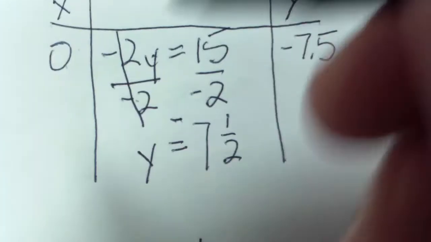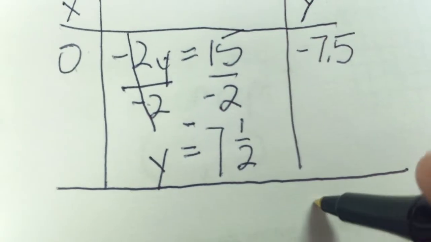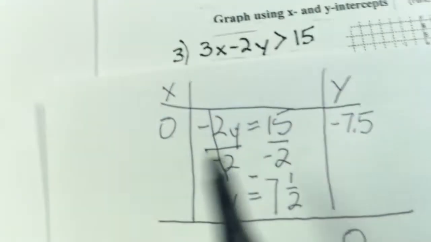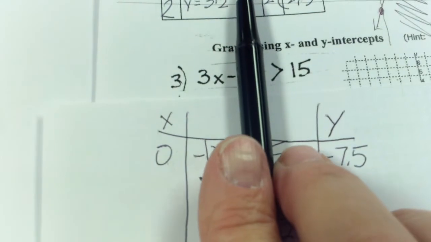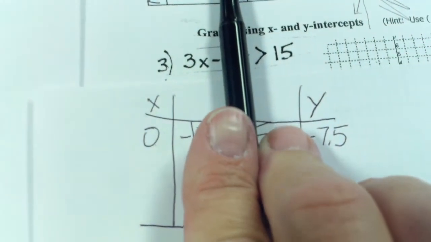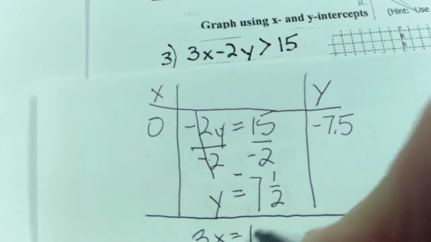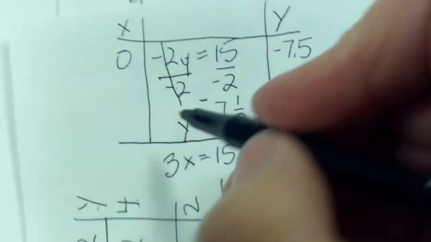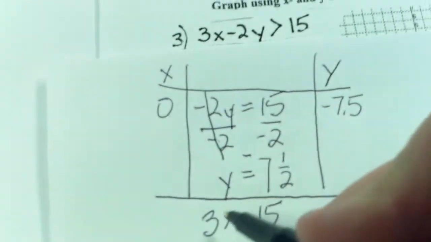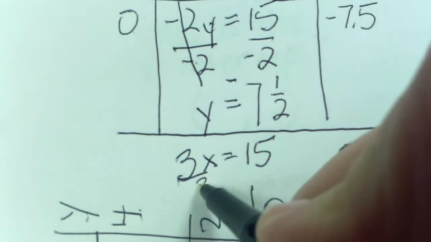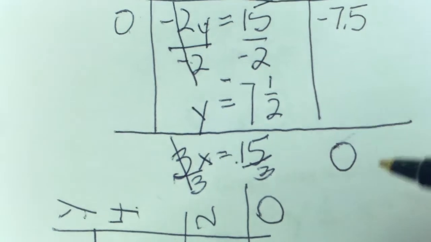Okay. Now, we're going to make y 0 to find our x-intercept. So if y is 0, that means -2 times 0 is 0. 3x minus nothing is 3x. 3x equals 15. Divide both sides by 3. X equals 5.